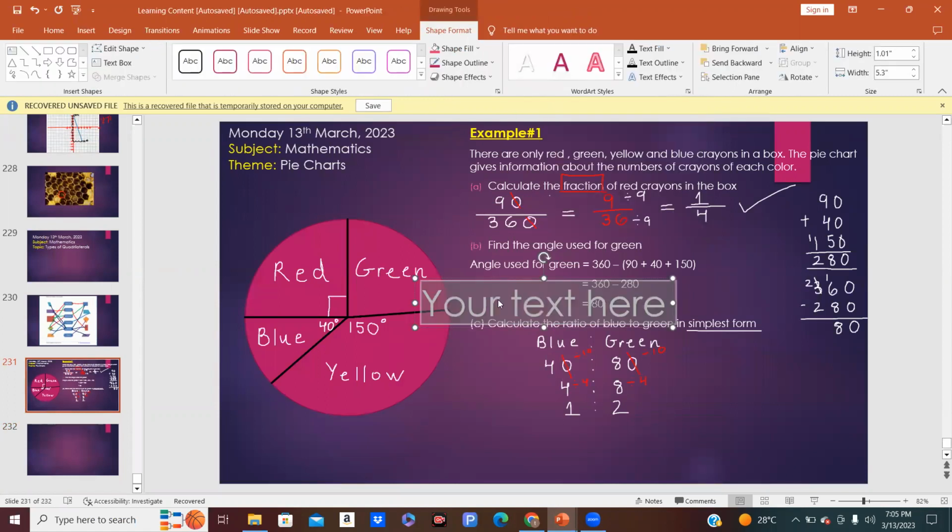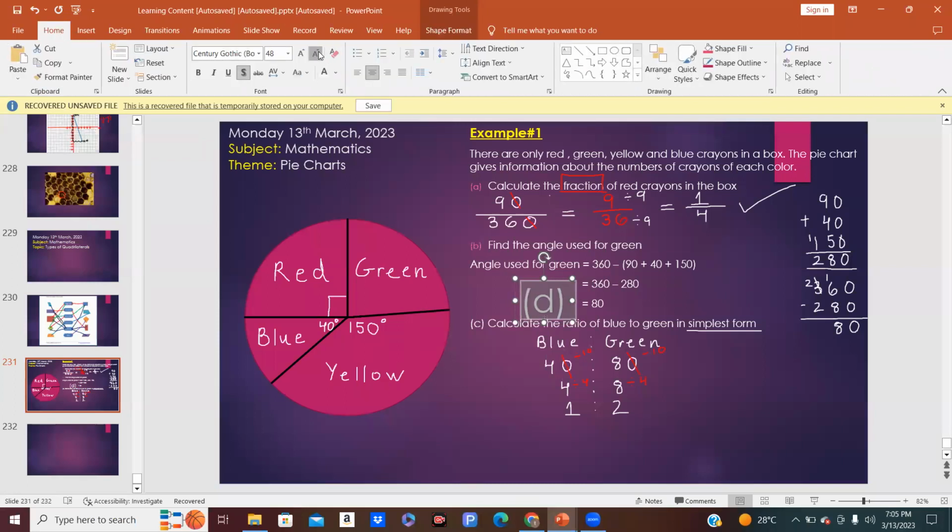This one is a very good question. It says, this is part D. There are 72 crayons in the box.